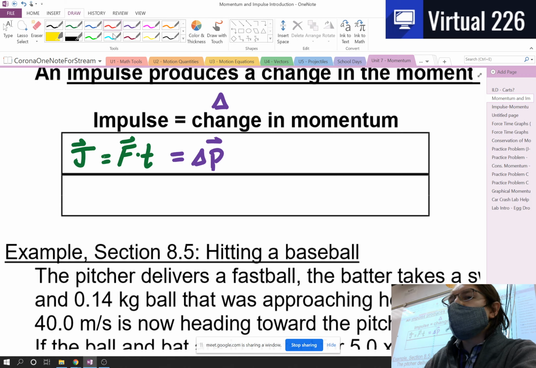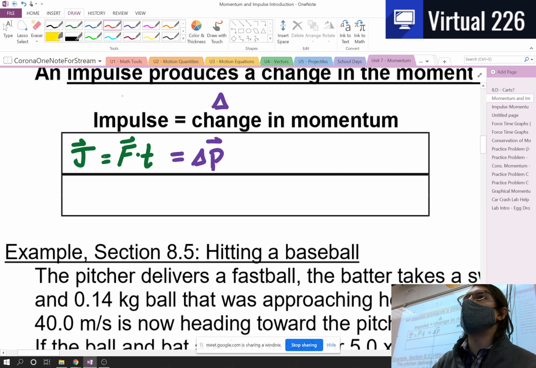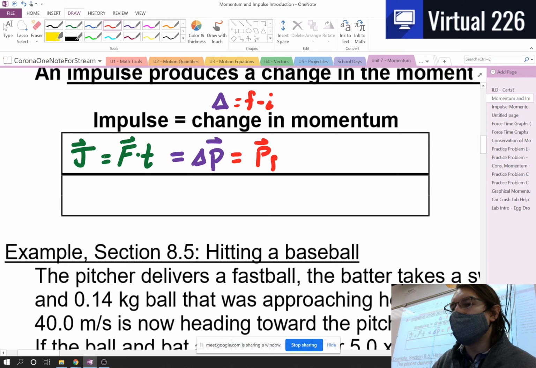And for a change in momentum, what we're really talking about is a final momentum minus an initial momentum. A delta is always equal to a final minus an initial. So we can say here that this is equal to whatever the final momentum is minus whatever the initial momentum is for our object.